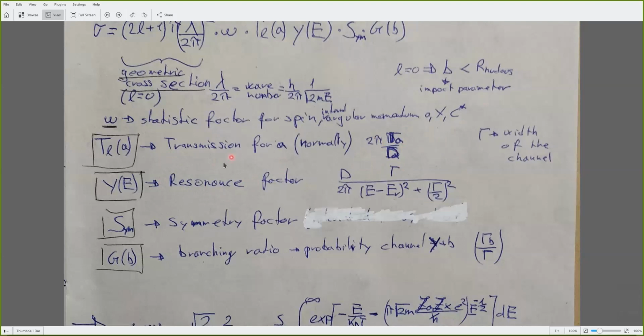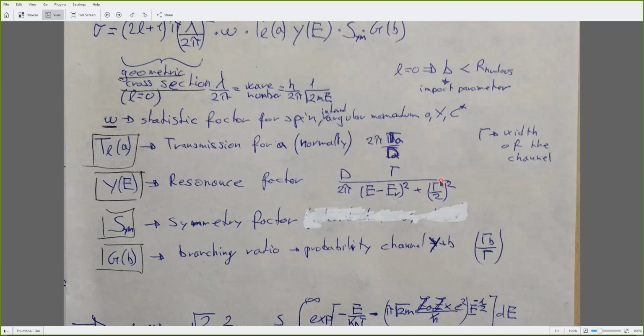Then there is a resonance factor that we'll see later that has this shape. Just as previously, to have this part bigger, which is what we prefer, because the bigger this part is, the bigger the cross section is, so we have more reactions. To make this bigger, the denominator has to be smaller, and since it's the sum of two squares, you have to minimize the squares.